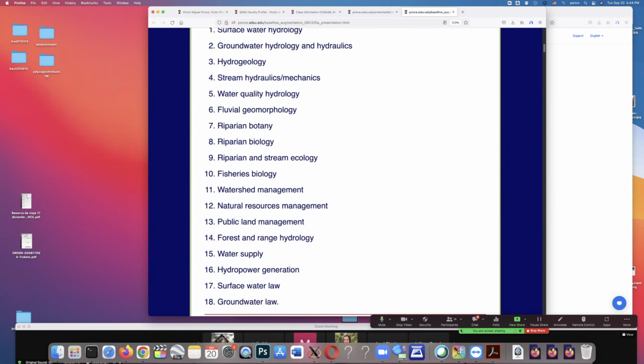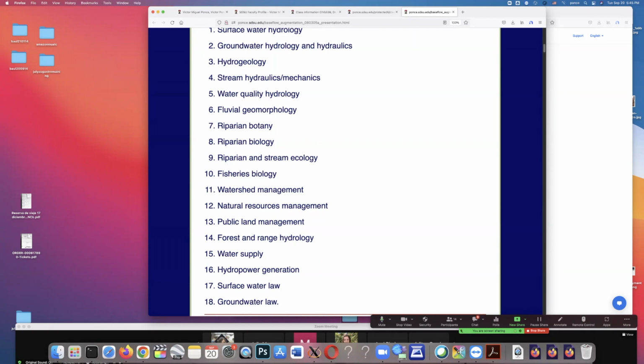Riparian botany. Botany? What is that? Engineers don't study botany, or particularly civil engineers. No, not engineers. All engineers don't study botany, but we had to get into botany. I had become acutely aware of botany in the study that I did in the Pantanal of Mato Grosso in 1979, 1980, because I realized that botany was intrinsically related to hydrology.